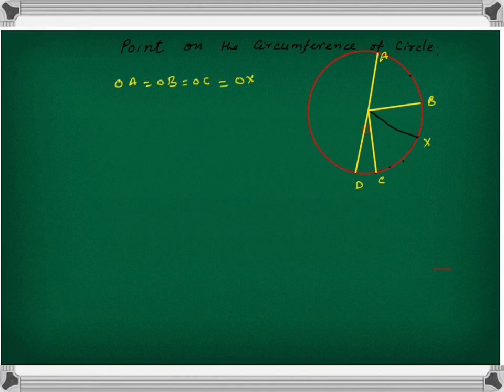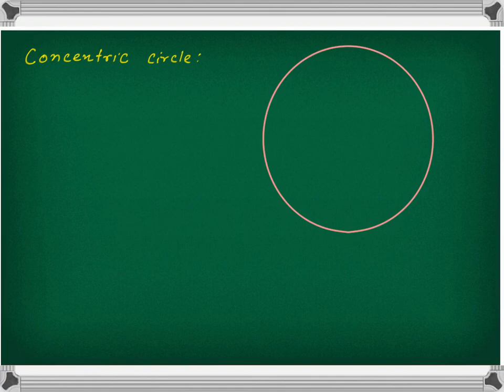So that means any point on the circumference is at the same distance from the center of the circle. Okay, so now we will talk about concentric circles. So what is a concentric circle? Two or more circles are said to be concentric if they have the same center but different radii.